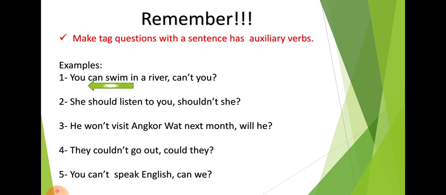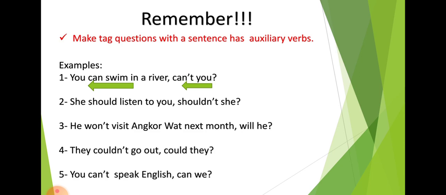The modal verb is can, and swim is the main verb, but we are talking about the auxiliary verb can. It is a positive sentence, so the tag question must be negative. Can't you? We use the auxiliary verb to form the tag question.